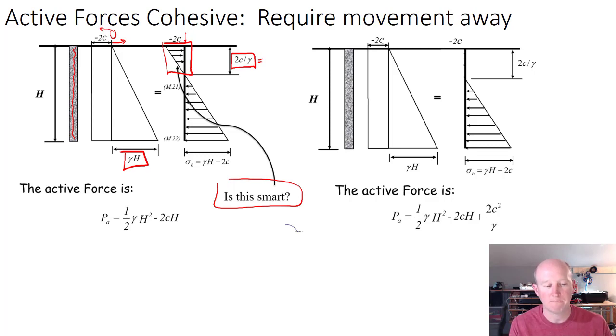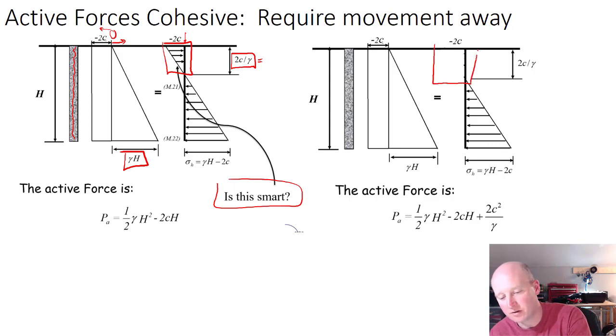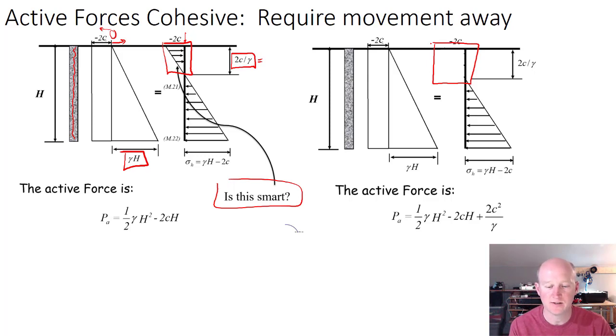So instead, what we ought to do is discount this component. Take that triangle out. Not all books show this. Oftentimes you'll actually see this as the value that's being reported for calculating the resultant active force. The way this works is there's a horizontal resultant here acting in tension, that's trying to hold the wall up, and then there's a horizontal resultant acting here that's trying to push the wall over.